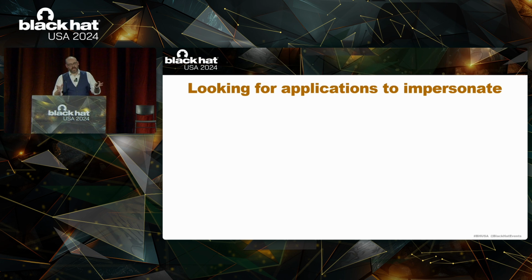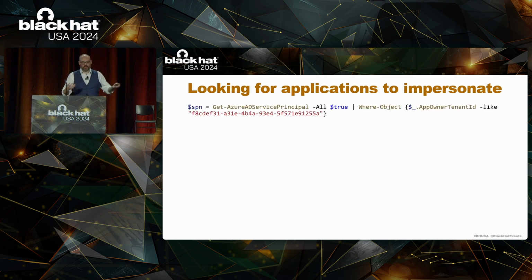So we have our theory, and now we want to look for applications to impersonate. My very poor code here is simply going to take all the service principals within my tenant. I can easily find these by looking for the app owner tenant ID, which is Microsoft, and this is baked onto any service principal for a multi-tenant application.